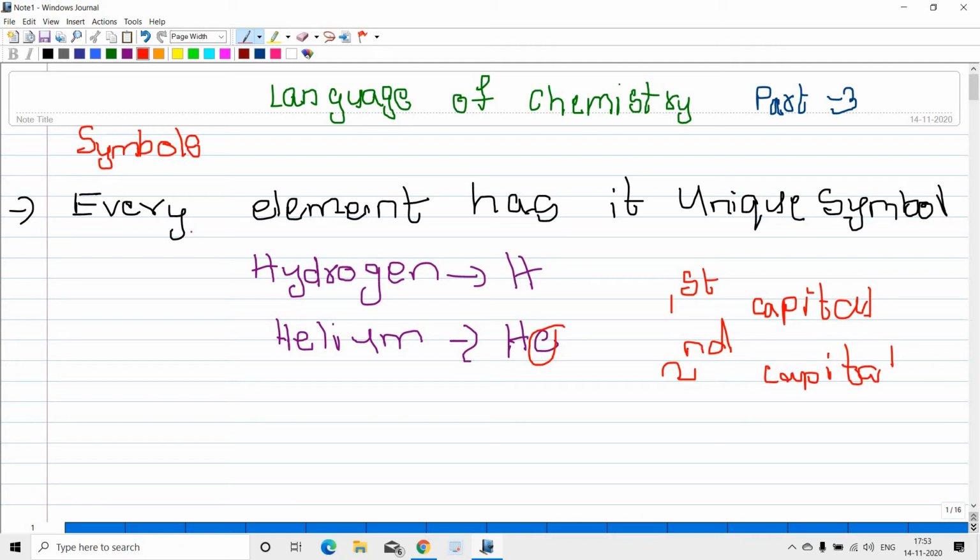Up to now we discussed this. Next is symbols of elements based on various criteria. It means the symbols are made in different manners, based on scientists' names, laboratories and planets.